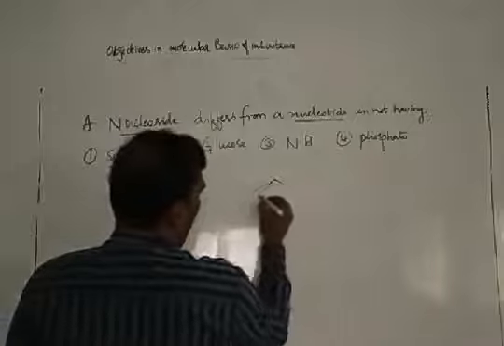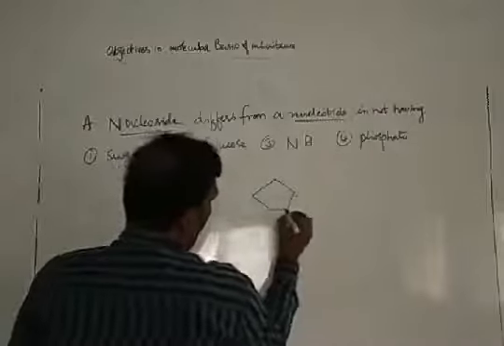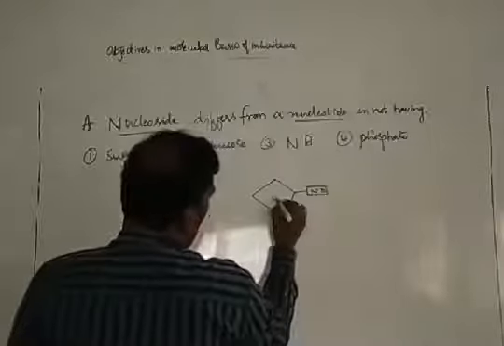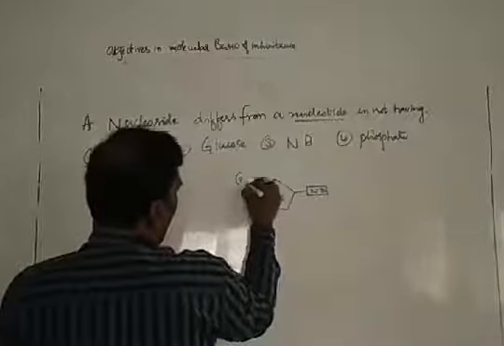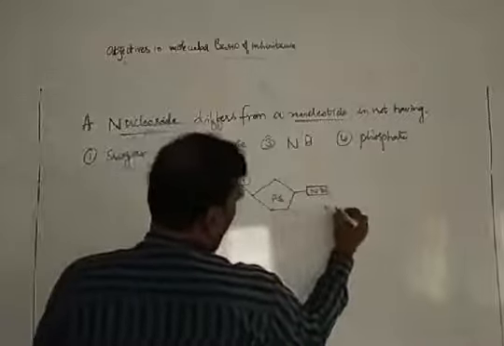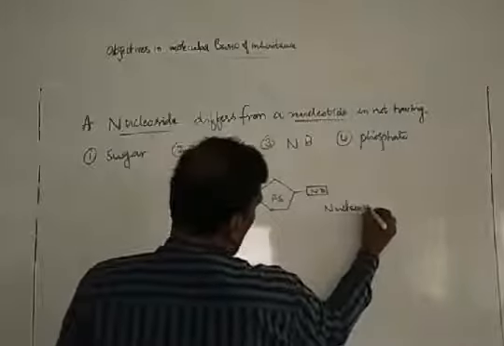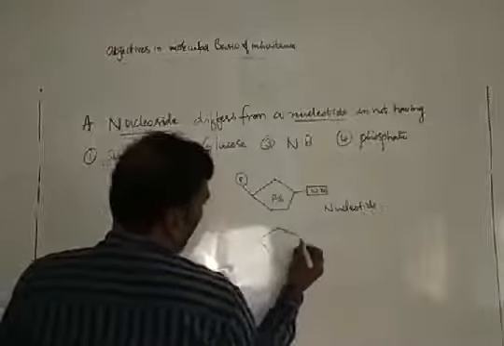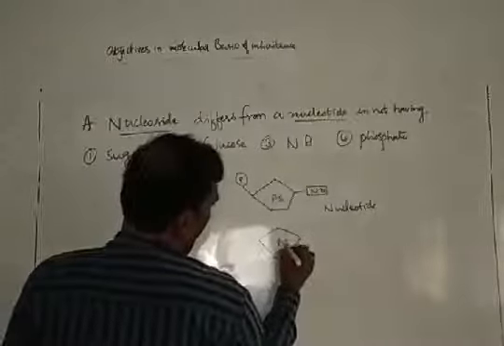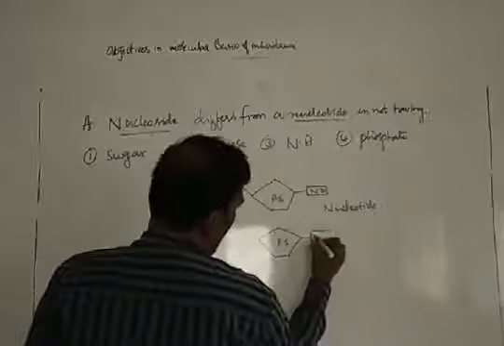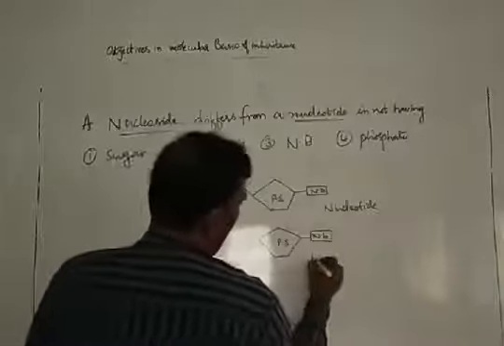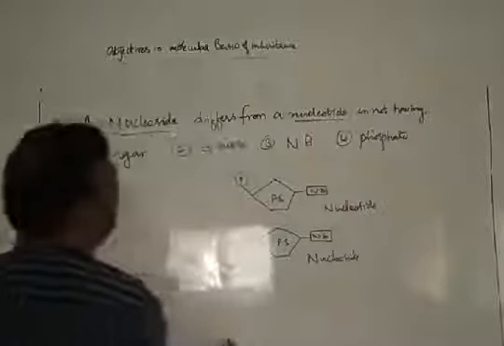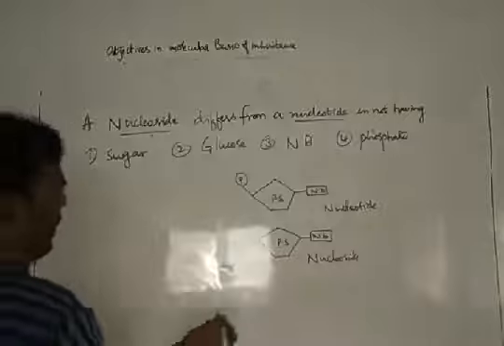This is one nucleotide, with nitrogen base, pentose sugar and one phosphate. So what is a nucleoside? Only the pentose sugar and nitrogen base are present. Then what is not present in the nucleoside? The phosphate.